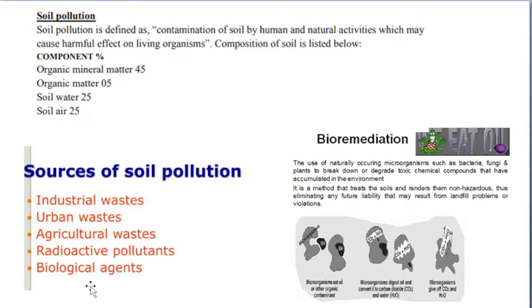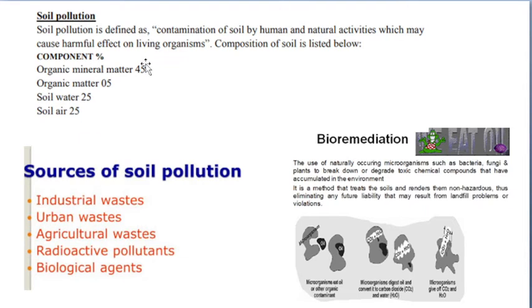Okay, then see here, so what are the components of soil? So basically soil contains organic matter, then some water and air. Okay, so mineral matter contains 45% of the entire composition, then soil water 25% and soil air 25%, and the rest 5% is occupied by organic matter.